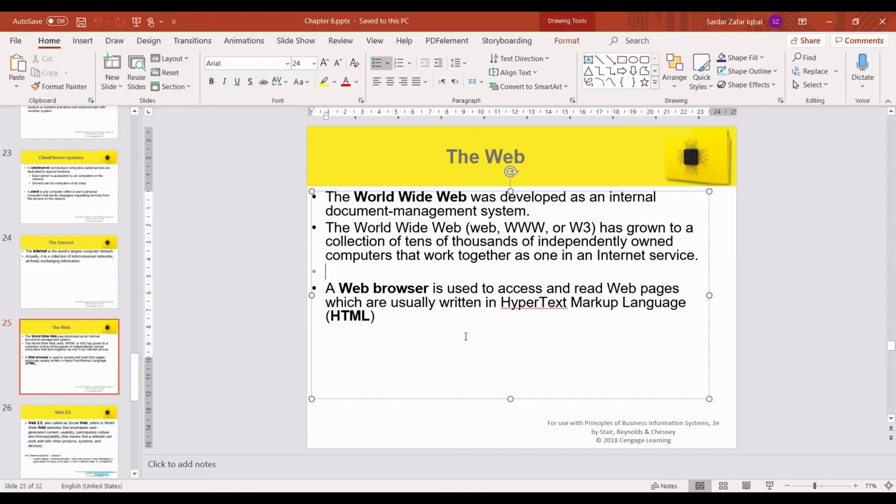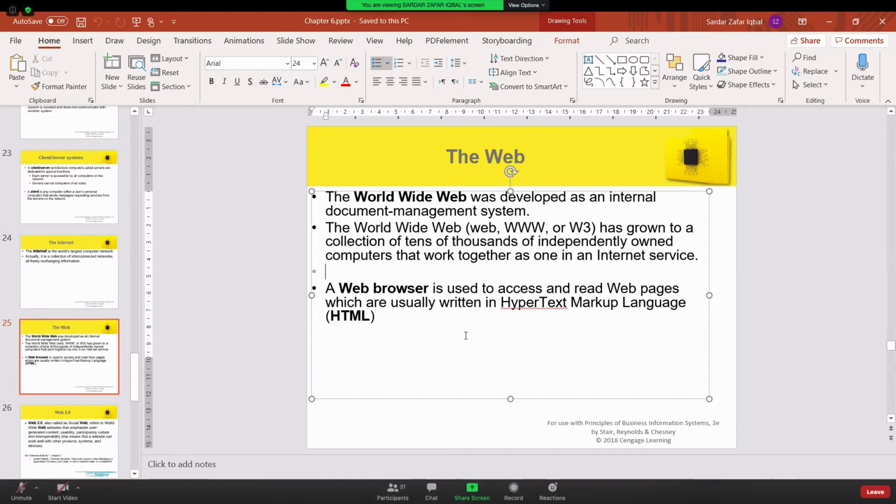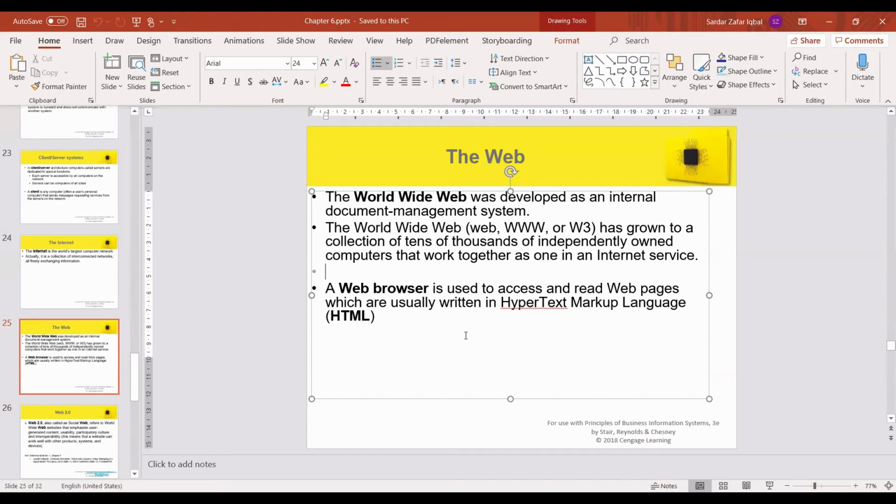Nowadays we have a lot of enhancement in HTML. When I was a student, we had very basic functions of HTML. Now there are so many tags available, and HTML5 is very enhanced. It has been upgraded over the past few years. So the W3 Consortium is responsible for all this.